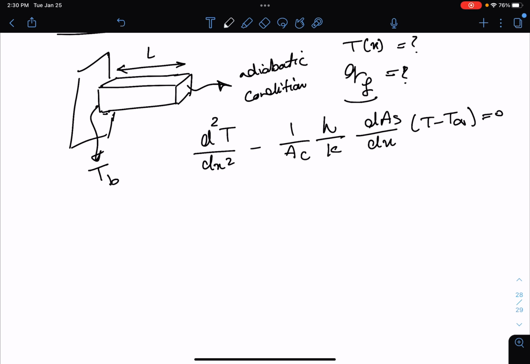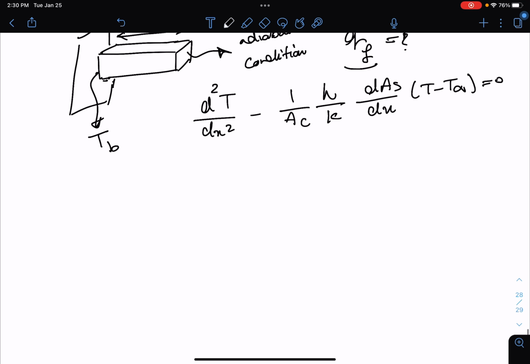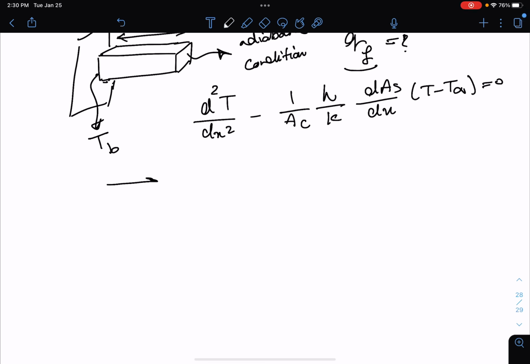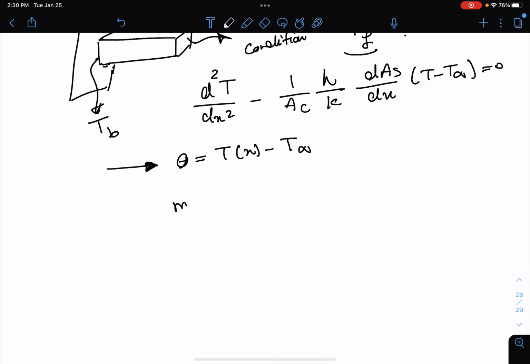Okay, so a couple of things that we need to introduce here when it comes to fins. For fins, we usually introduce two new parameters. One is theta, which is equal to the temperature at any point of the fin minus T infinity. And one is m squared, which is hP, and this P stands for perimeter.